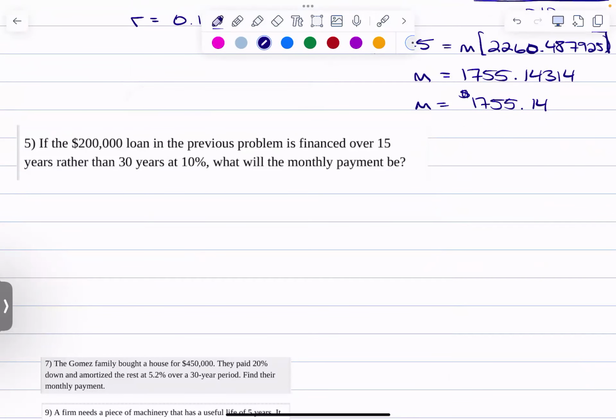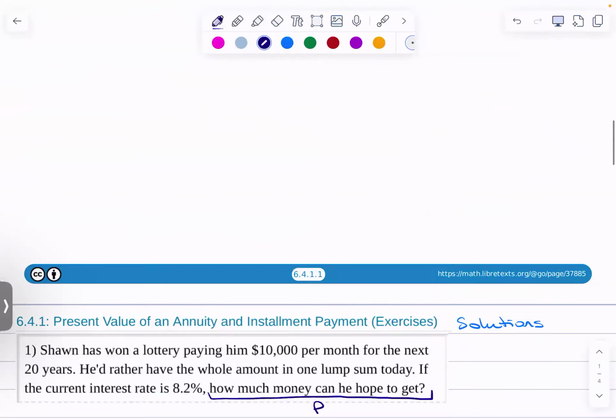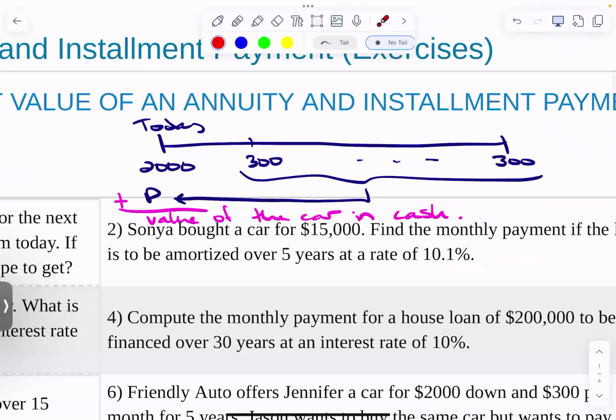Yeah, I think starting from there, they start introducing the down payment idea, but it's always the same. The total value, this would be the value of the car or the value of the house or whatever it is, the overall thing that you're borrowing.